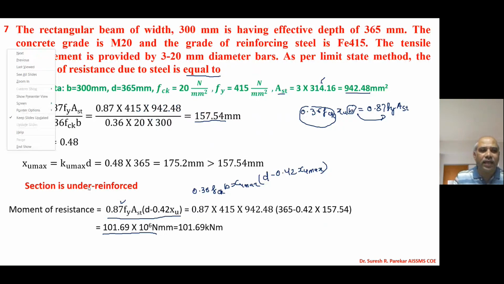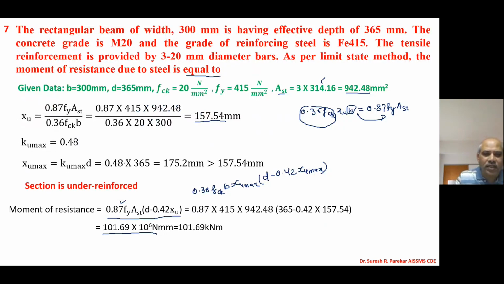In the last problem we had Xu max, which is greater than the value of actual Xu. This Xu actual value is less than Xu max, and therefore we have an under reinforced section, and then we calculated the value.